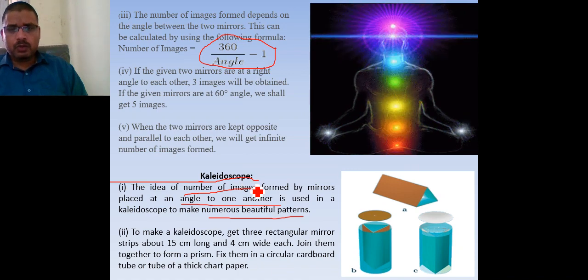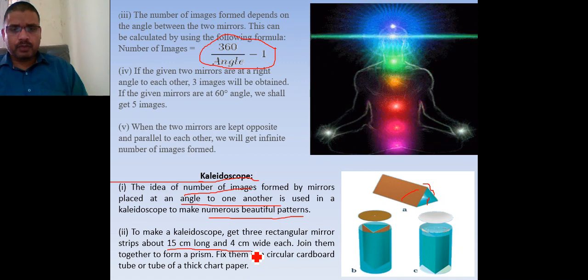In this pattern you can see one mirror, another mirror, and another mirror, each a rectangular mirror strip about 15 centimeters long and 4 centimeters wide. Take these three rectangular mirrors and join them together to form a prism.